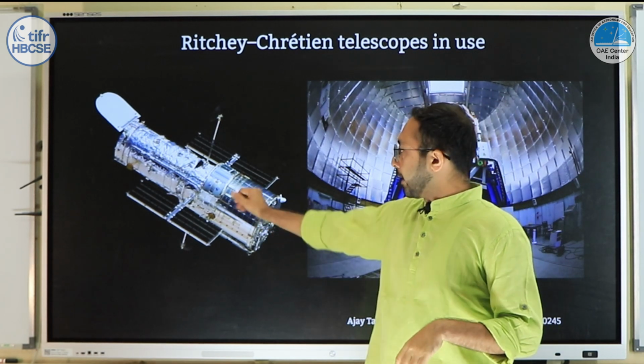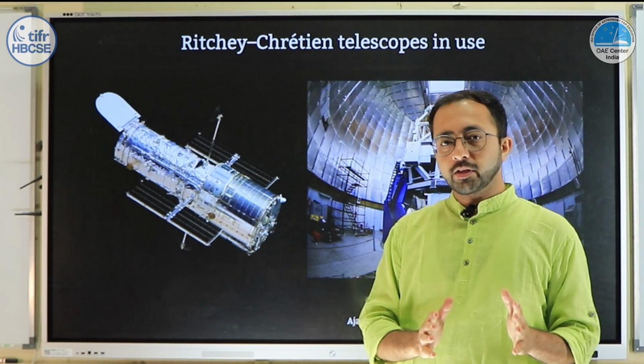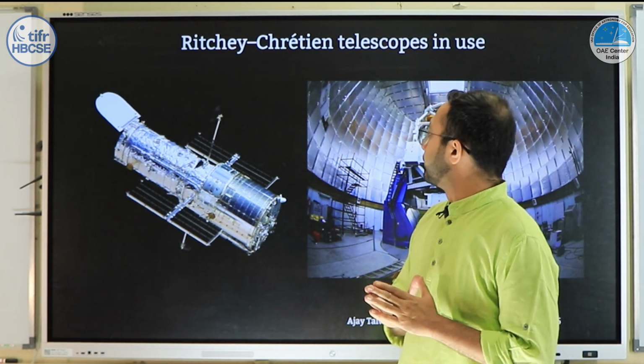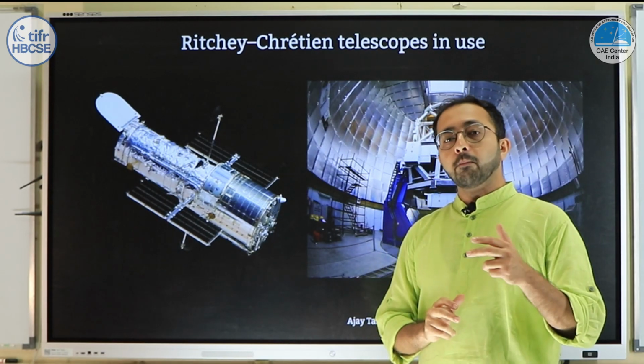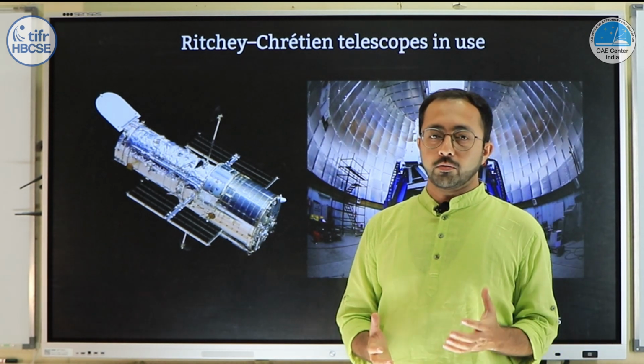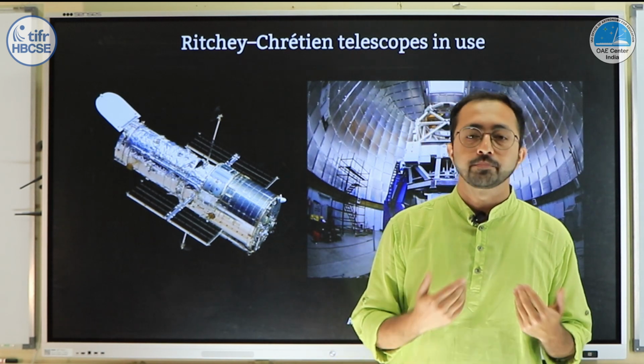So this to my right is one of the most famous telescopes in the world, the Hubble Space Telescope, which is orbiting the Earth. Hubble Space Telescope is again an RC design, which has a hyperbolic primary mirror and a hyperbolic secondary mirror. Remember, since these both are mirrors, there are no lenses involved, so such telescopes can also be used at other wavelengths.